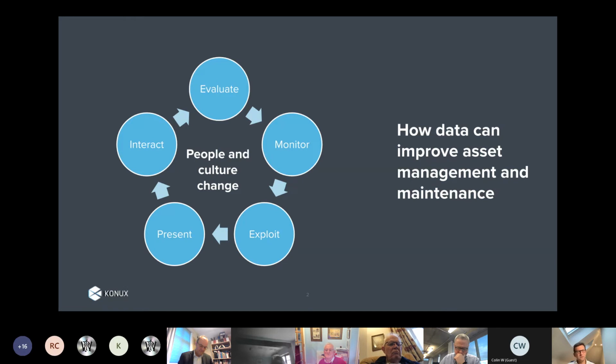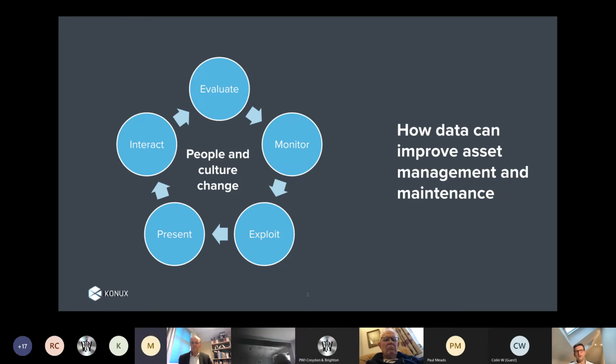In the past we've perhaps been guilty of giving people really nice data sets and information, but they have to log into five different places to find it, and therefore they revert back to what they were doing previously because it just becomes too hard. So getting that data integrated, aligned, and presented is really key.